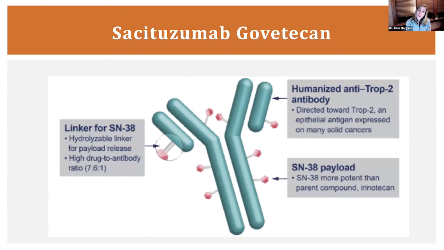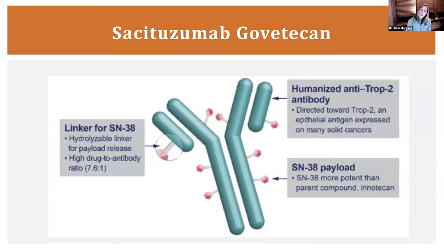And finally, we'll talk about sacituzumab govitecan, another mouthful, but another antibody drug conjugate. This one is targeting a protein on the cancer cell surface called TROP2, and it homes in there and binds to TROP2 and it dumps something called SN38, which is something very similar to irinotecan, which is a chemo that we use in some other situations and other cancers.